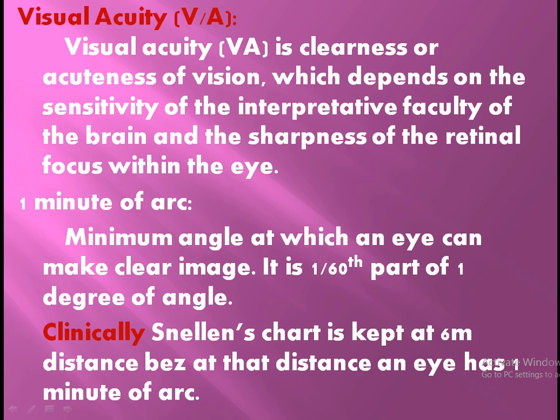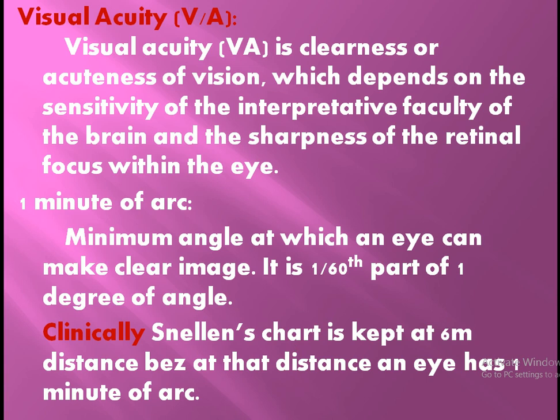To check the visual acuity, we use a specific apparatus named the Snellen's chart, which is kept at 6 meter distance. Most examiners ask why it is kept at 6 meter, why not 5 or why not 7 meter. The answer is that at that distance an eye has 1 minute of arc.